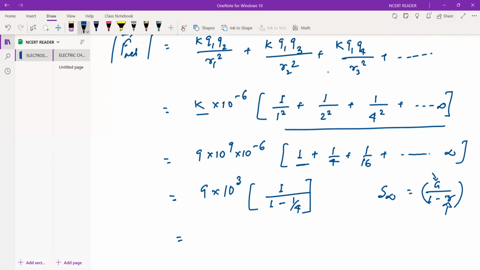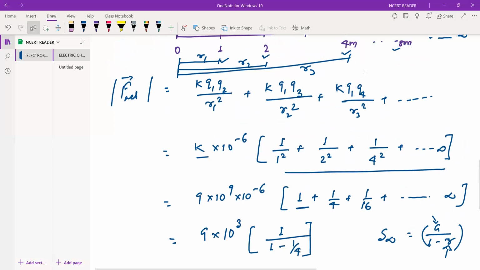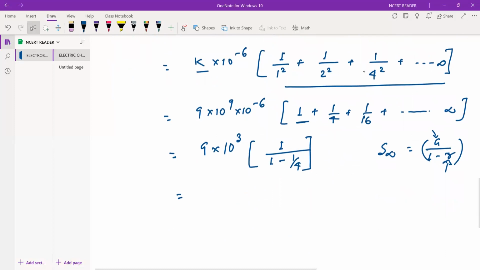So it is 9 into 10 to the power 3, times 4 by 3. So finally, we are having this result. This is 3, so it will be 12 into 10 to the power of 3.